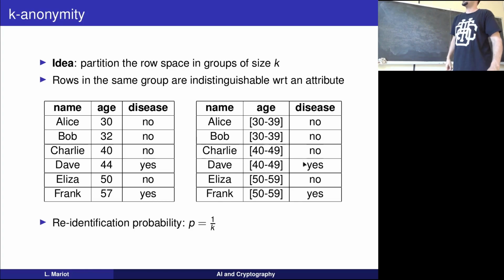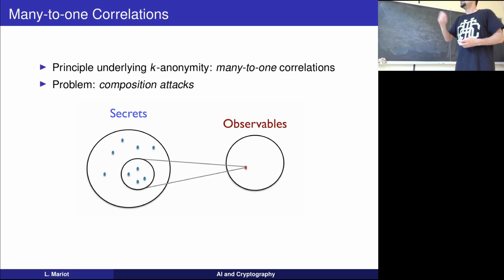The problem is that these kinds of anonymization mechanisms, like k-anonymity, are based on a straightforward principle of using many-to-one correlation. So we have a lot of secret values inside a subset, for example, the name of our patients, their age, and so on.